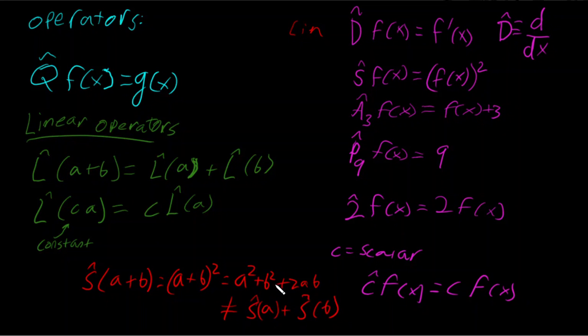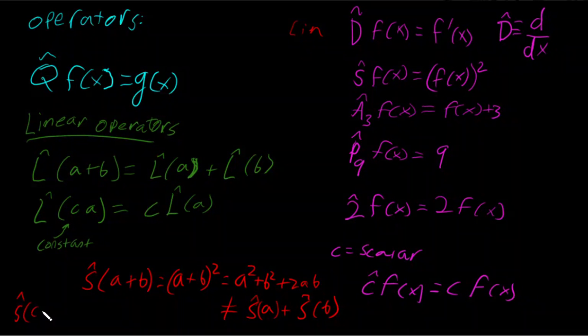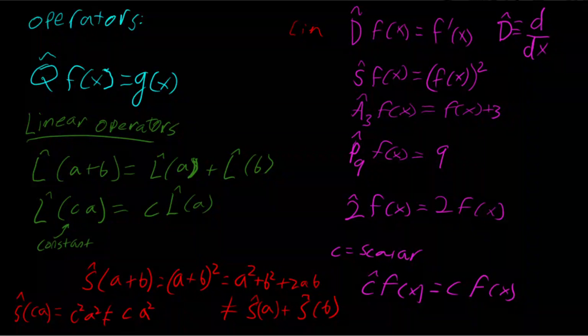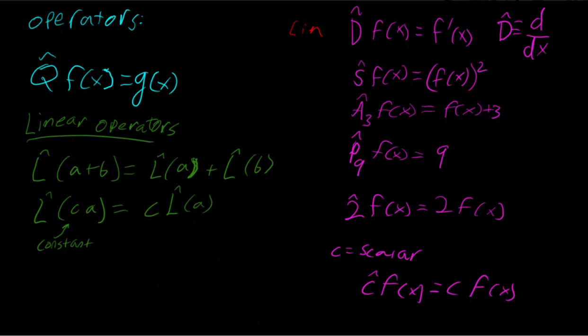So this is not true in general. And same thing with the other one: S hat on CA is C squared times A squared, which is not equal to C times S hat acting on A, which is C times A squared, unless C is 1 or 0. But in general, this is not true. So the S hat is not linear.